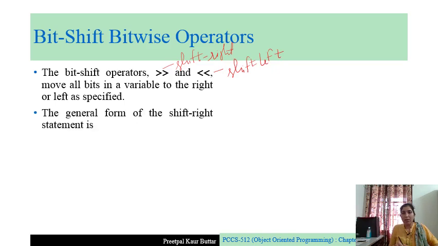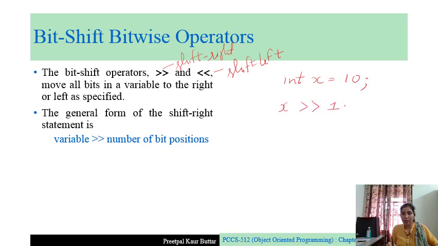The general form of the shift right statement is variable, shift right, number of bit positions. For example, you have a variable int x equal to 10, then you write x shift right 1.